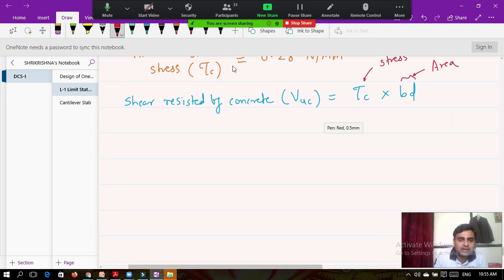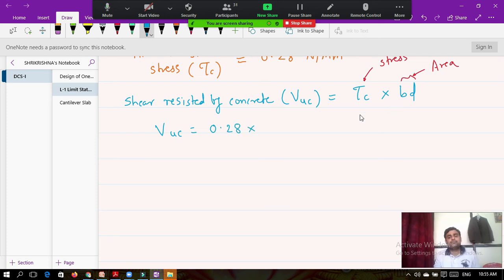So the shear resisted by concrete, VUC, is equal to tau c, the stress 0.28, into B into D. B is 250 and D is 602. So let me know the value. What is the shear resisted by the concrete? 42 kilonewton.